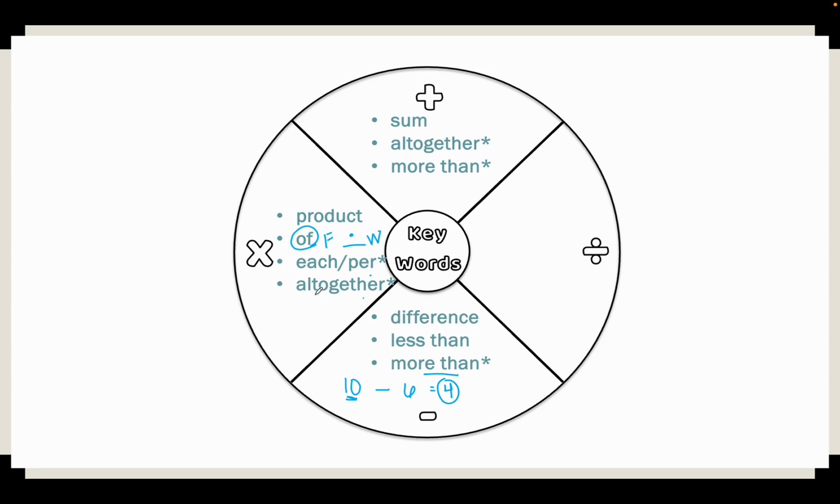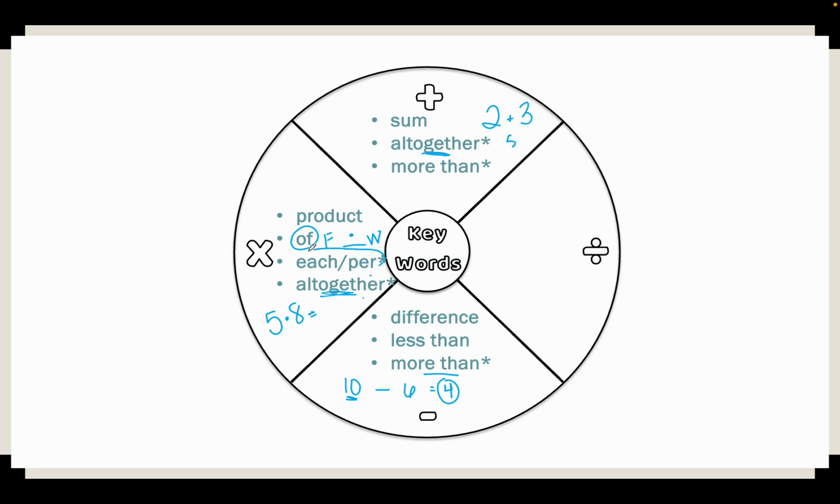This one you will see up here in both places because it could be multiplication if they're talking about, let's say you buy 5 t-shirts and they are $8 each. How much does it cost altogether? That could be multiplication. You could also obviously use altogether to say, I ate 2 pieces of pizza and my sister ate 3. How many did we eat altogether? That's 5.